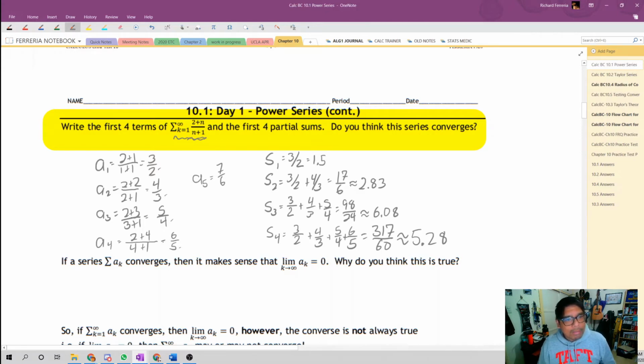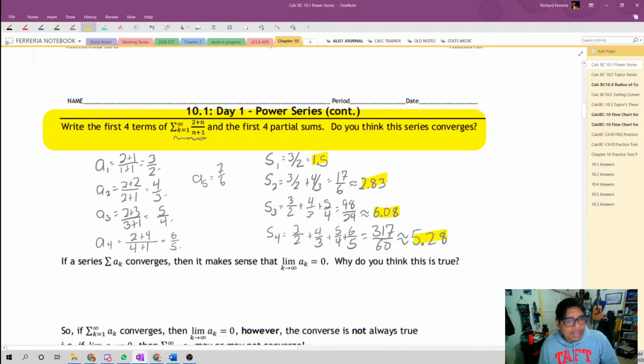Taking a look now at the partial sums, our first partial sum is 1.5. Our second partial sum is 2.83. Our third partial sum is 6.08. Our next partial sum is 5.28. And the rate of increase here, I don't know if you can see or not.